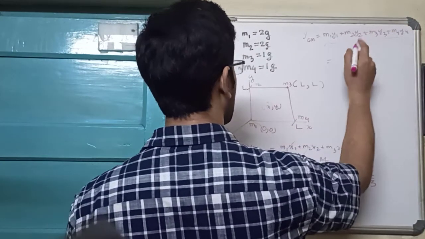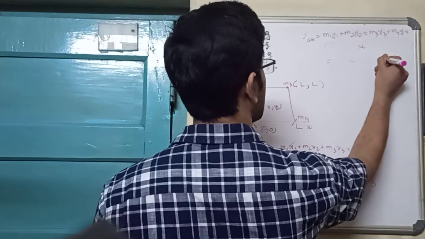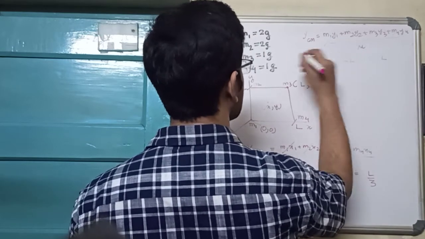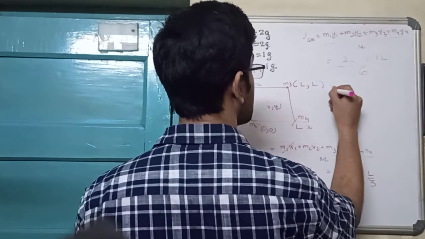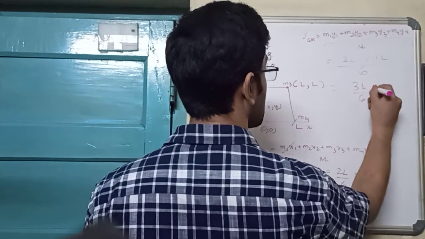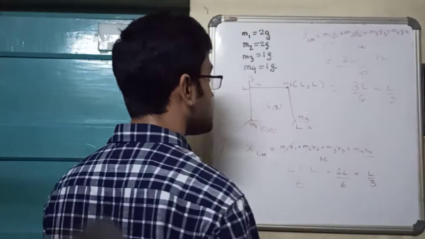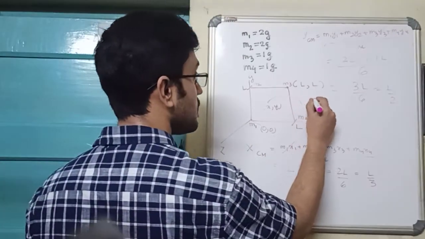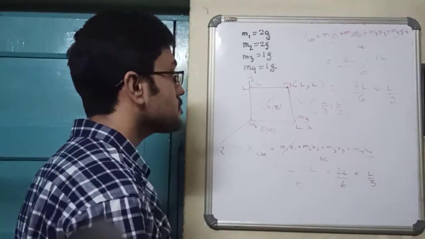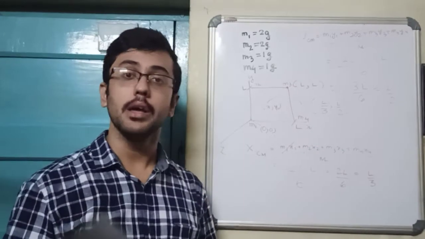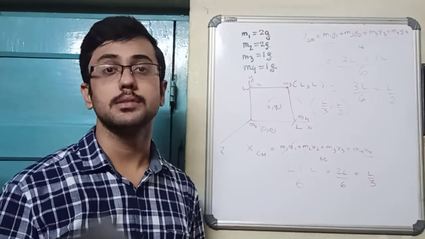And these two have y coordinates L. m2 has mass 2, m3 has mass 1, and total mass is 6. So that basically means that this center of mass has the coordinates L by 3, L by 2. So this is a way by which we can find out the center of mass of different systems.